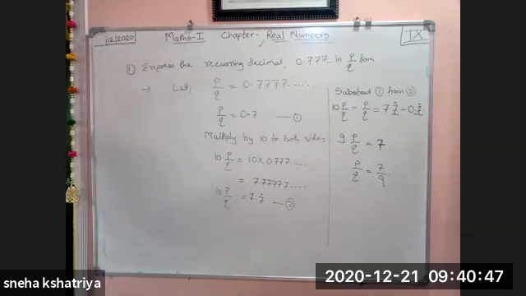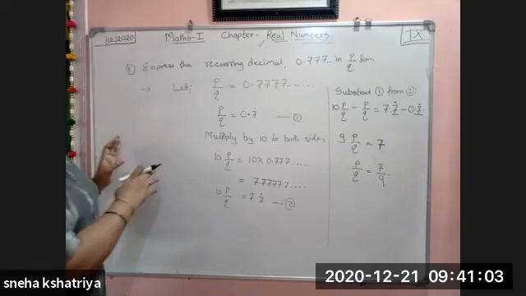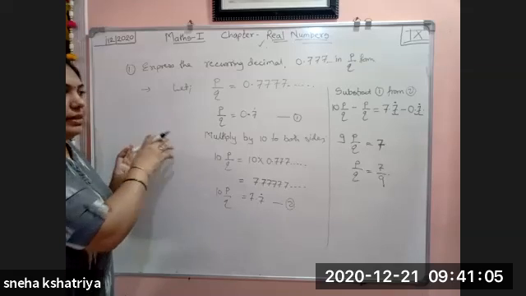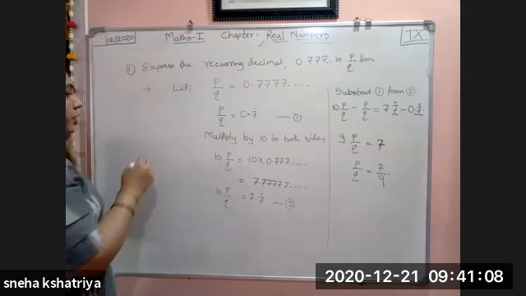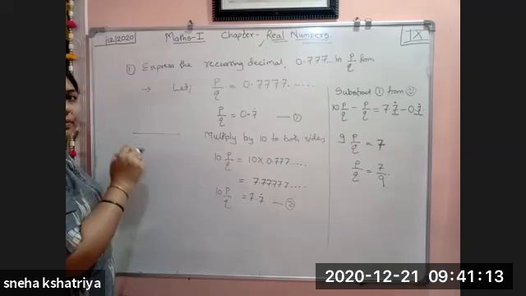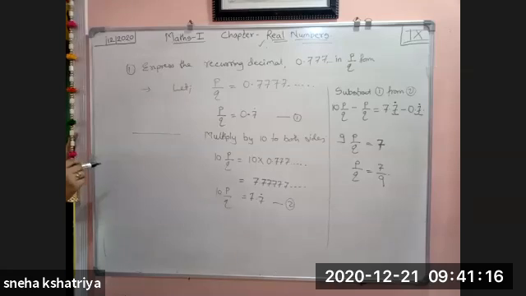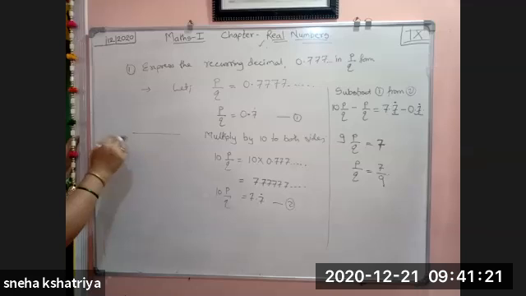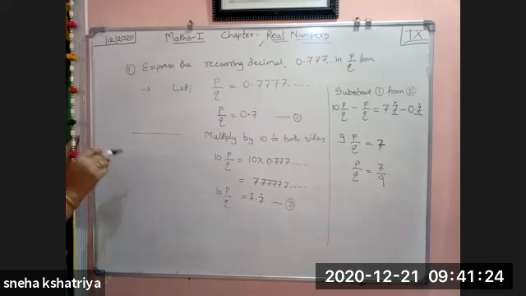And the second one is: notice the prime factors of the denominator of a rational number. If the prime factors are 2 or 5 only, then its decimal expansion is terminating. I told you the same thing in the last explanation: if the prime factors in the denominator are 2 and 5, then the given fraction is of terminating type.